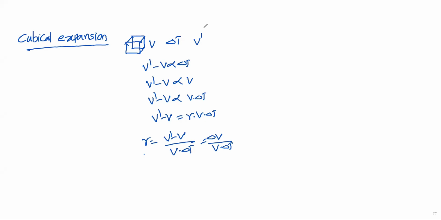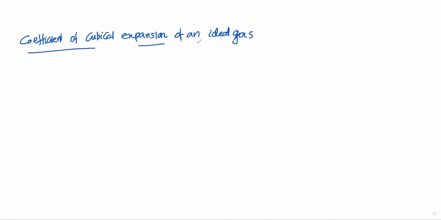Next, coefficient of cubical expansion of an ideal gas. How is it? We will see that. As you know, for an ideal gas, PV is equal to nRT.